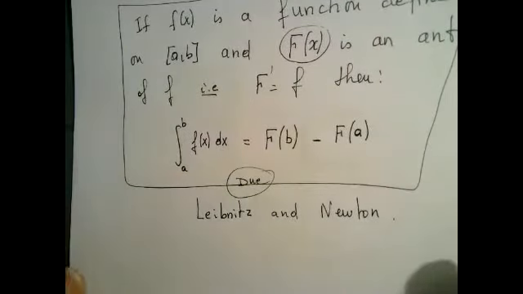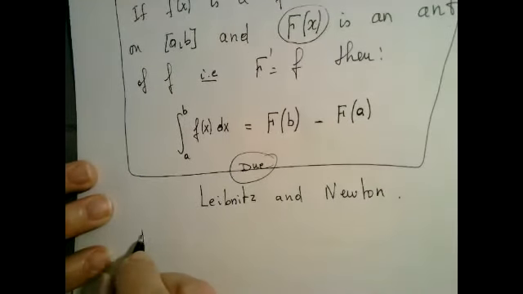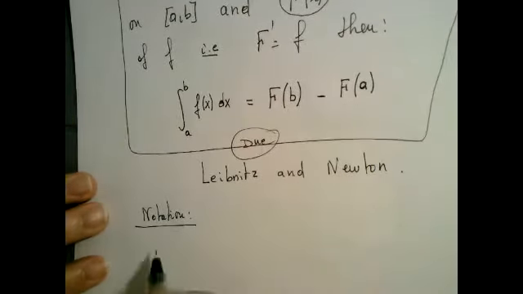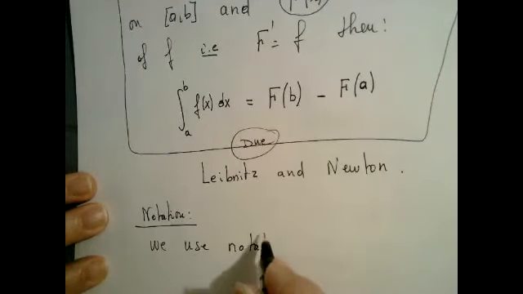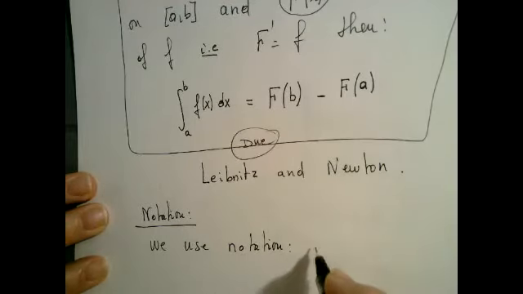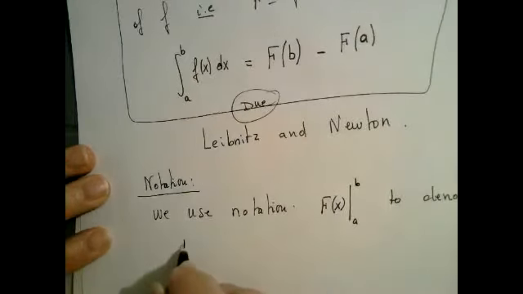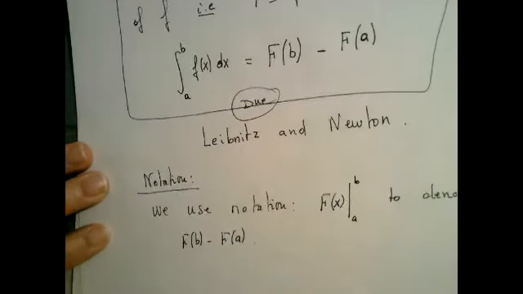All right. Now, a small notation, and then we just do examples. We use the following notation: F of x evaluated between a and b, with a big vertical line, to denote F of b minus F of a. So we have this notation for it.